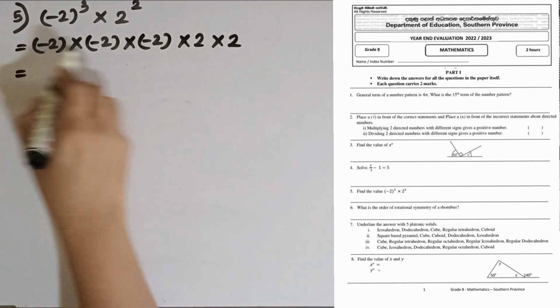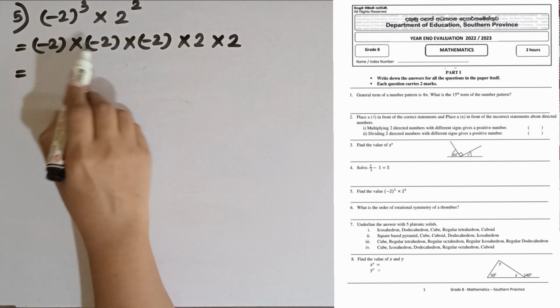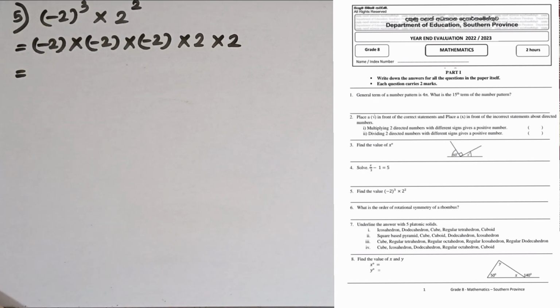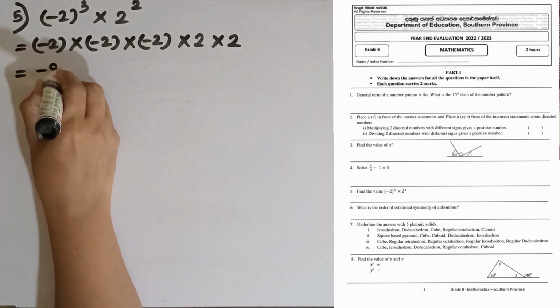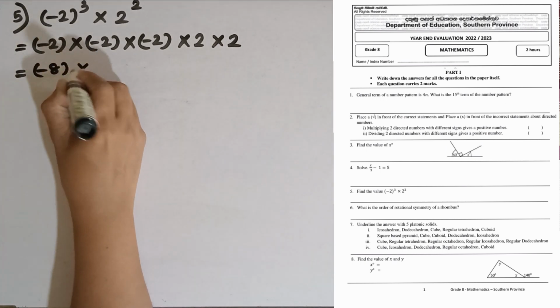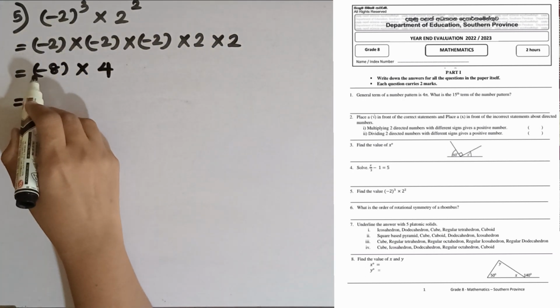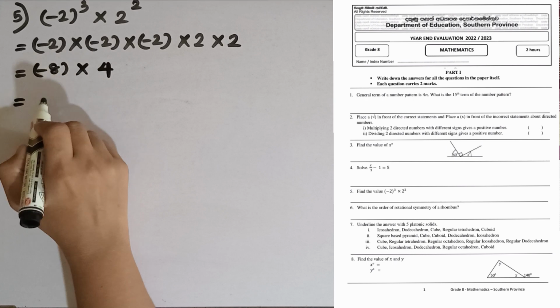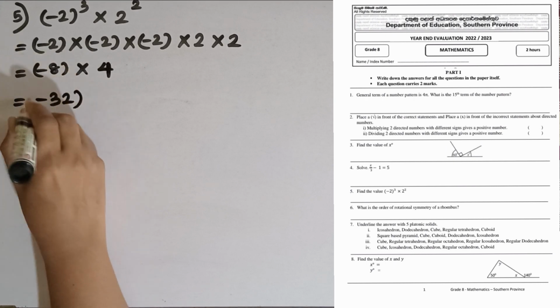Then what is the answer of these three? 2 into 2 into 2 is 8. Then multiplication of 3 negative numbers becomes a negative number. Minus 8 is the answer. Then 2 times 2 is 4. So what is the multiplication now? 8 times 4, 32. Then minus 32 is the answer.